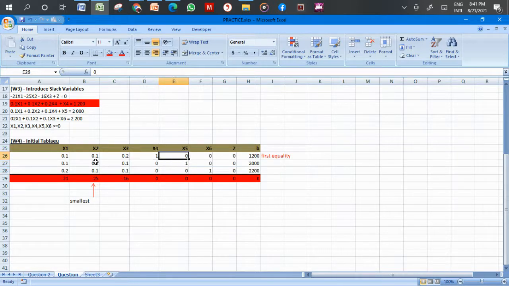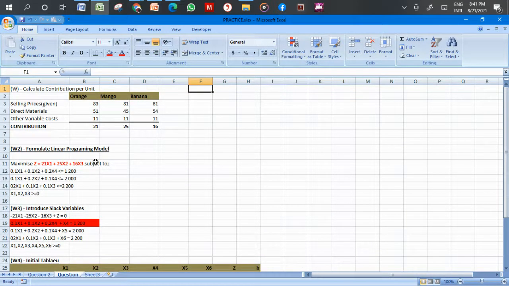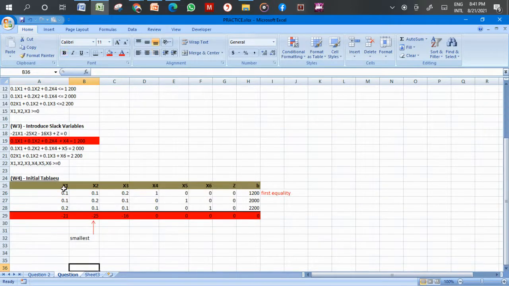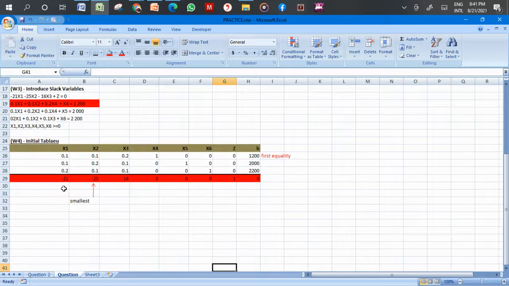Then we have 1, 0, 0, then 0, 1, these ones are okay. Then I just want to check our maximize equation. Do we have a z? Yes, a z does have a positive 1 coefficient, so we're supposed to put a 1 here. Good. So now we're good to go.